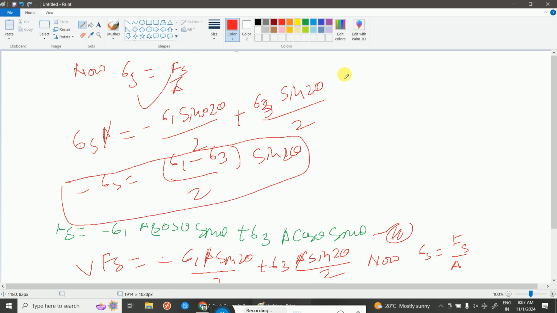Now you know well from your school knowledge, cos 2 theta is equal to cos square theta minus sine square theta.